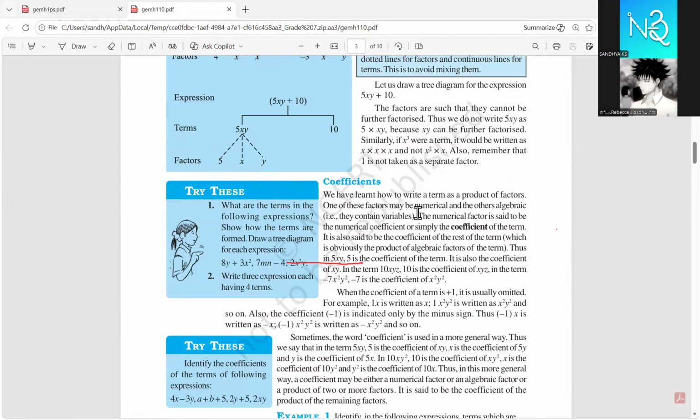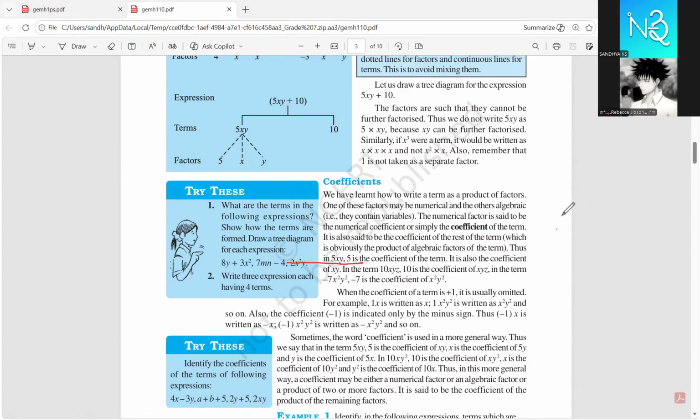So please write it down. The numerical factor is said to be the numerical coefficient, or simply the coefficient of the term. It is also said to be the coefficient of the rest of the term as well. If they say coefficient, that means the number along with the term.